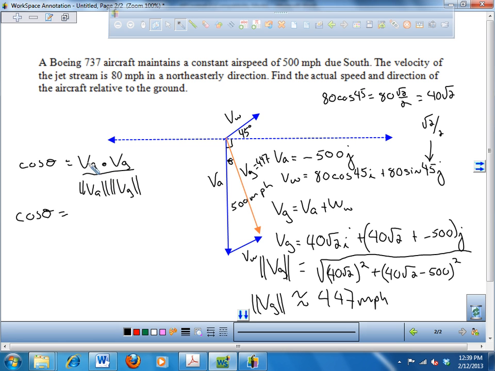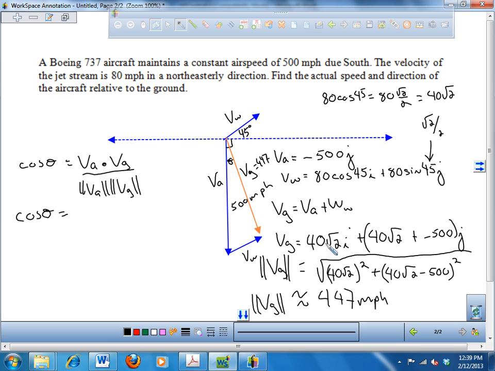And so v sub a dot v sub g. So here's v sub a, v sub g, so you have to dot this with that. What's the i component going to be? It's going to be 0, because this doesn't have an i component.